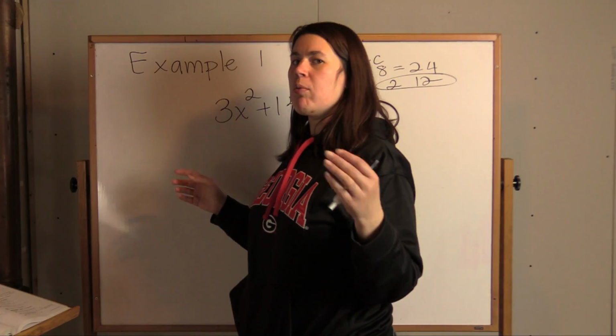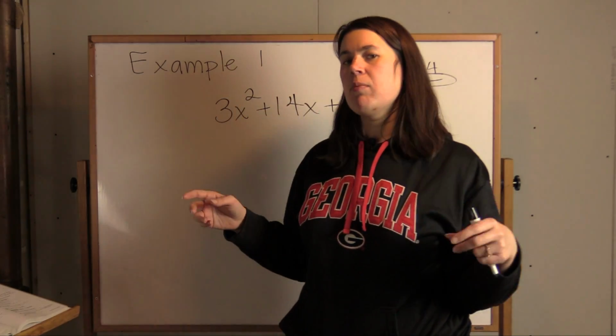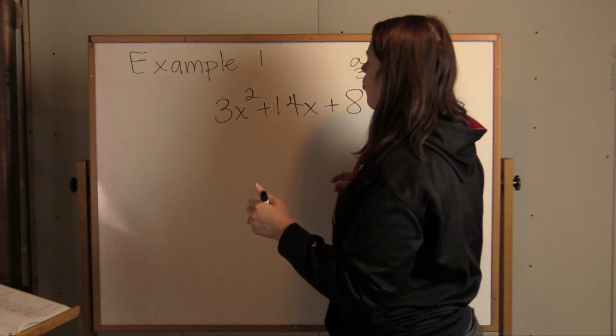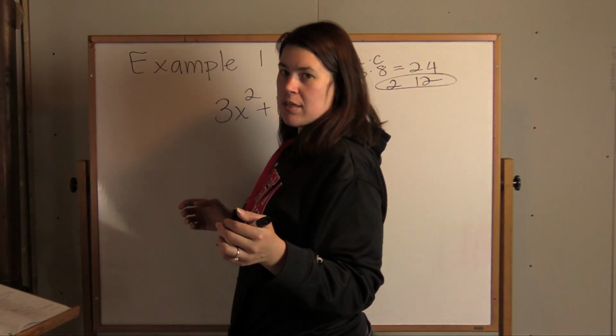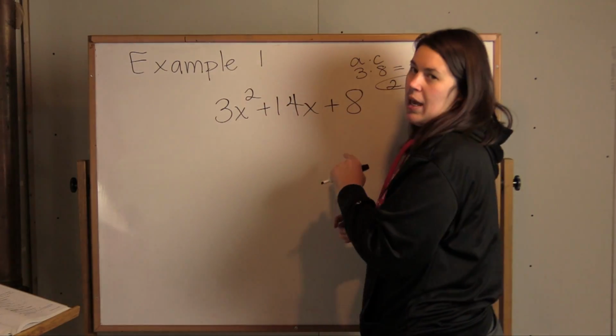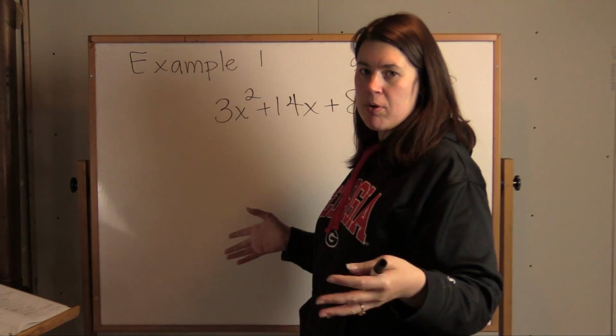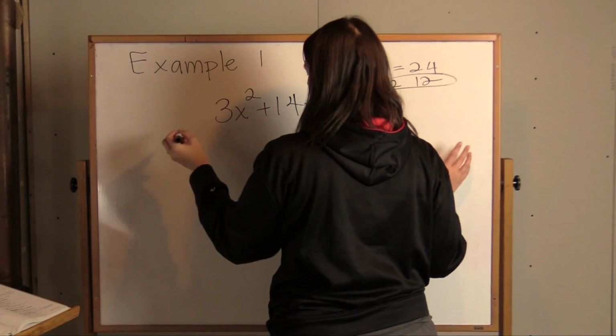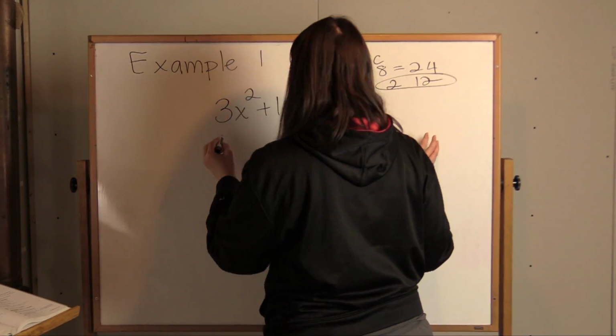All right, so what we're about to do is a lot different from what we did in the last section. We are going to actually write the whole problem again. We're not to the part where we're going to be putting it in binomials just yet. We're not putting any parentheses just yet.